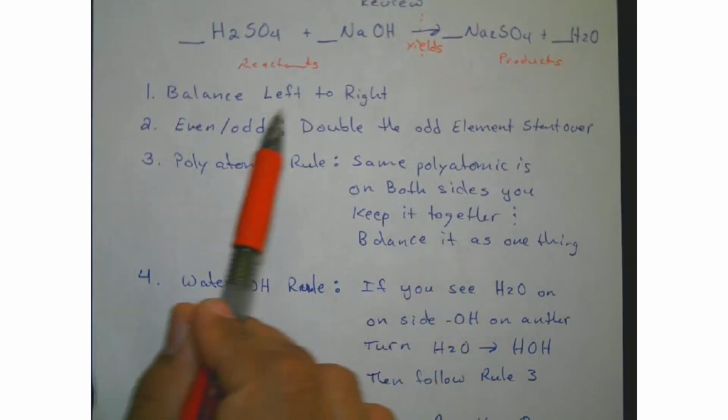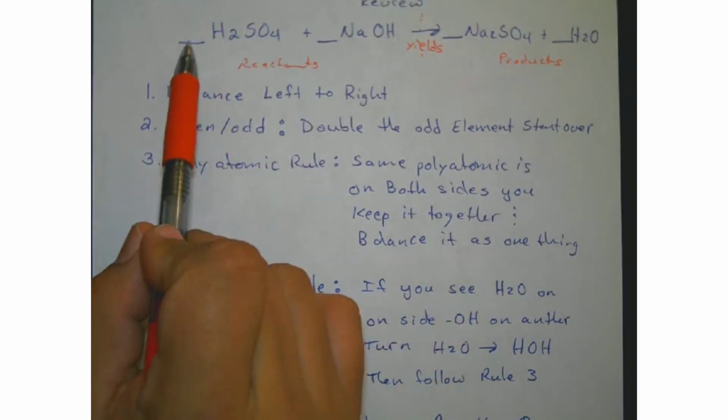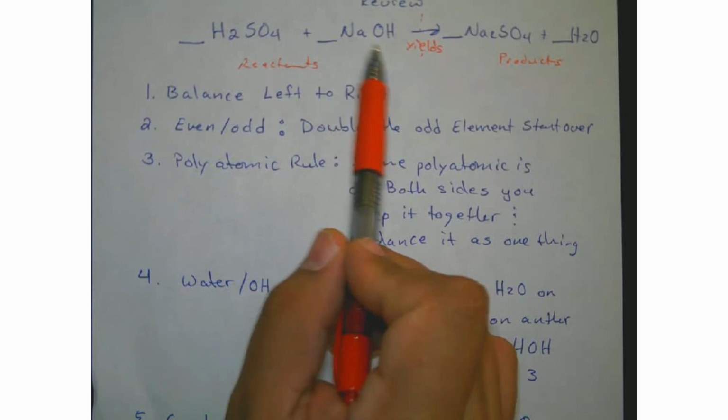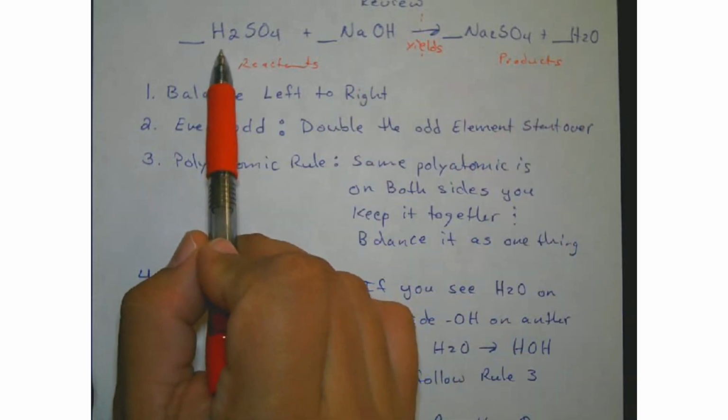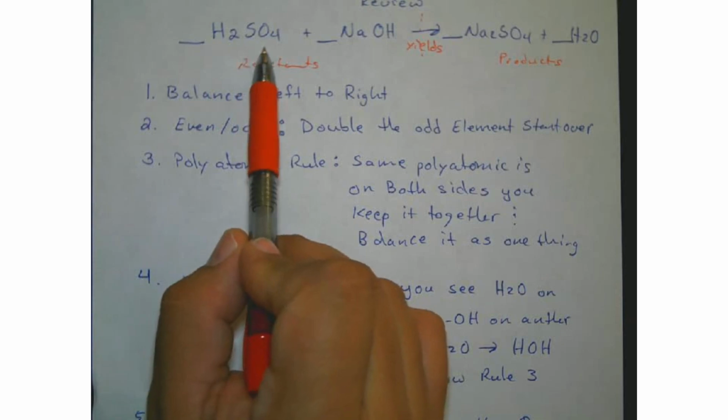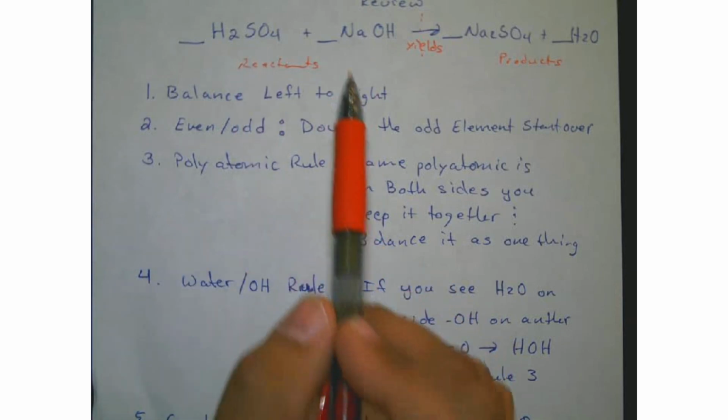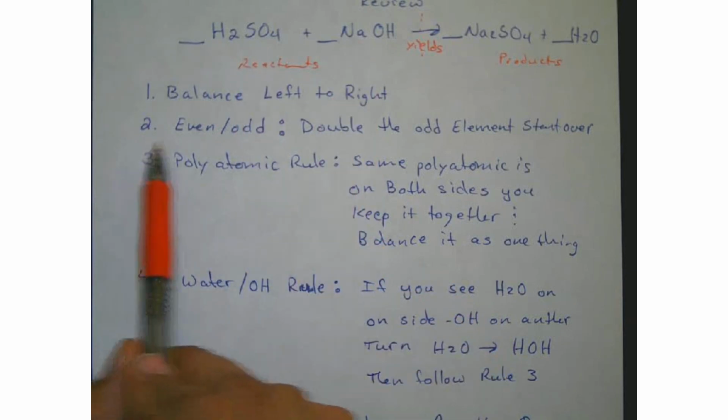First, you want to balance from left to right. You want to start here, then work your way down with each element balancing, okay? So in this equation, we're going to balance hydrogen first, sulfur second, oxygen last, sodium, right? Now let's look at rule number 2, the even and odd rule.